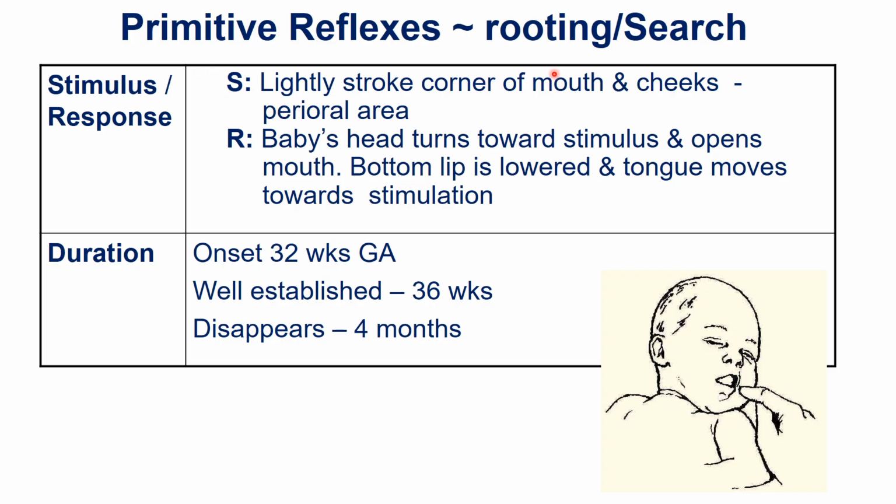Then come to the rooting reflex, which is also known as the search reflex. Here the stimulus is to lightly stroke the corner of the mouth and cheeks around the perioral area, and the baby will turn the head towards the stimulus. Here the baby is turning the head towards your finger and opens the mouth, the bottom lip is lowered and the tongue moves towards the stimulus, searching for the nipple to suck.